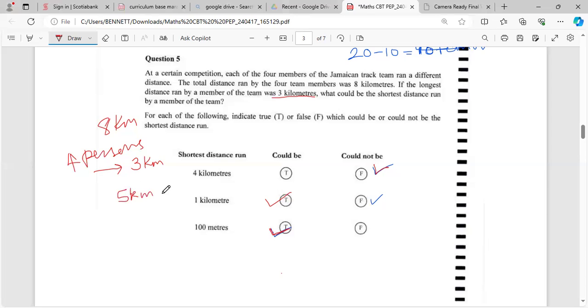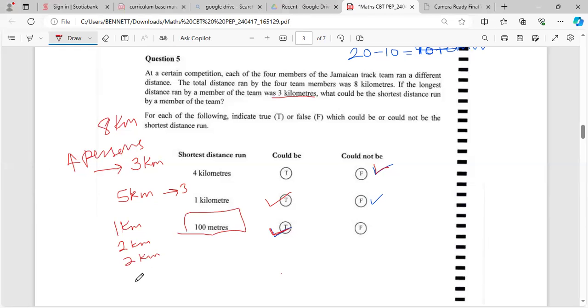One person can run 1 kilometer, the shortest distance. The next person could possibly run 2. And the next person could run 2. So 1 kilometer is possible for the lowest one. Also 100 meters would be possible for the lowest one.